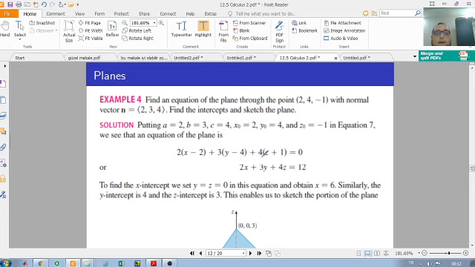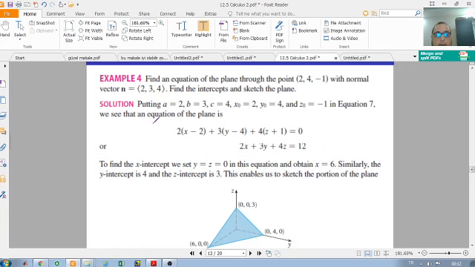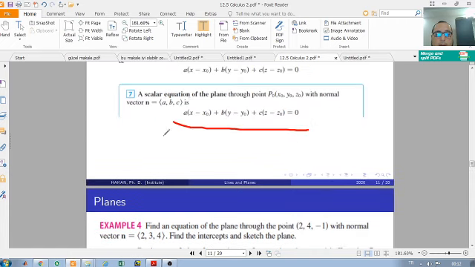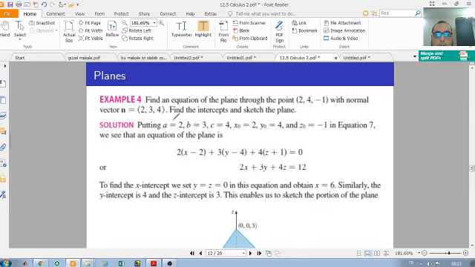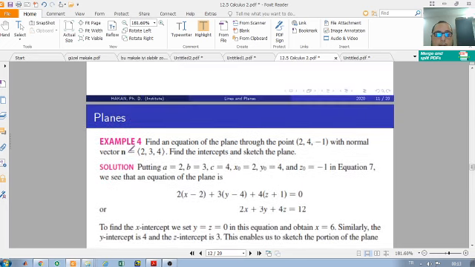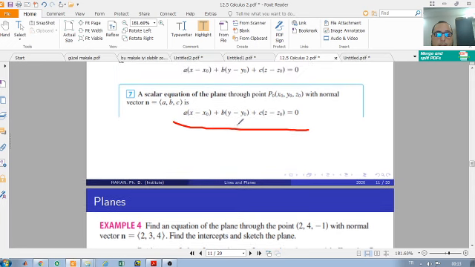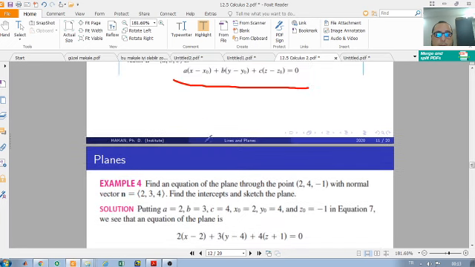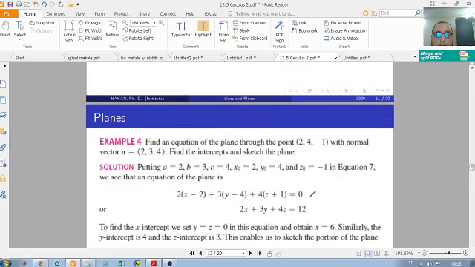For example, find an equation of the plane through the point (2, 4, -1) with normal vector (2, 3, 4). Find the intercepts and sketch the plane. Putting the components of the normal vector and the point into the scalar equation formula, for a, b, c we write 2, 3, 4, and x0, y0, z0 are equal to 2, 4, -1 respectively.